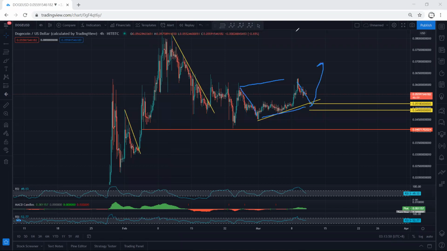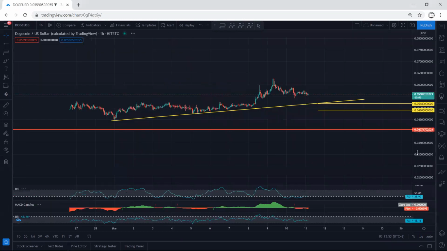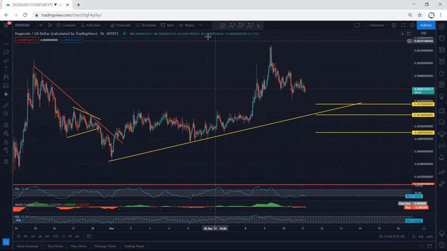Now if we move to the 1 hour chart, as I mentioned, if there is a continuation with the price breaking this low, the first thing we expect is the price to drop to 0.0535 or even tag the trend line. Then any reversal, from there we can look for buy.